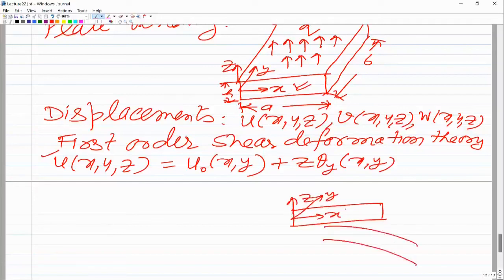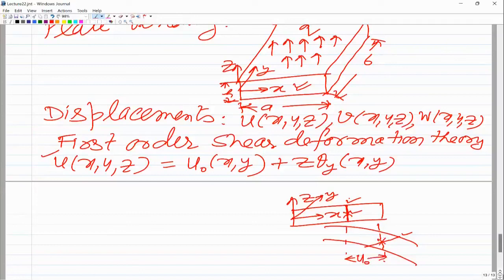If I take a normal over here, this normal takes this shape, and this is the center line. Essentially, this normal has moved from this position to this position, so there is a displacement of the central point. The point at z equal to 0 has been displaced by an amount u naught.